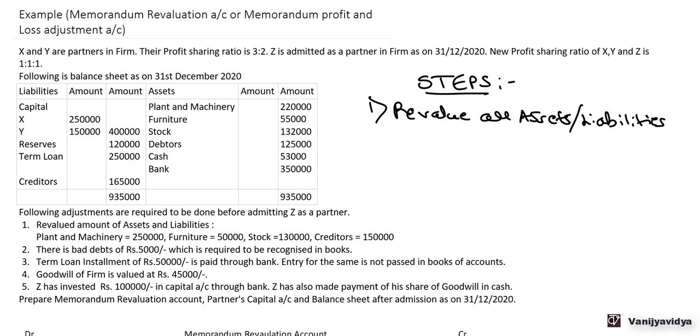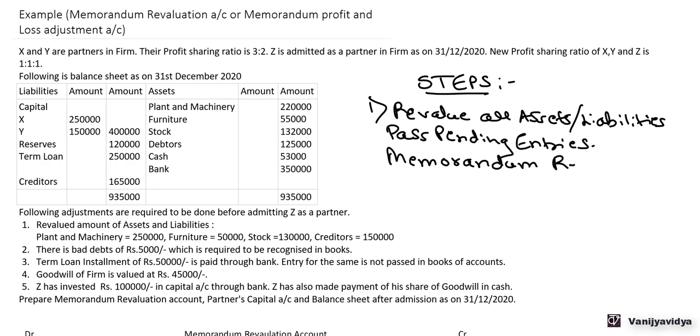Then once we revalue the assets and liabilities, we have to pass some pending entries, if any. Now in this method, we are preparing a memorandum revaluation account. Memorandum means the account is prepared outside the books.